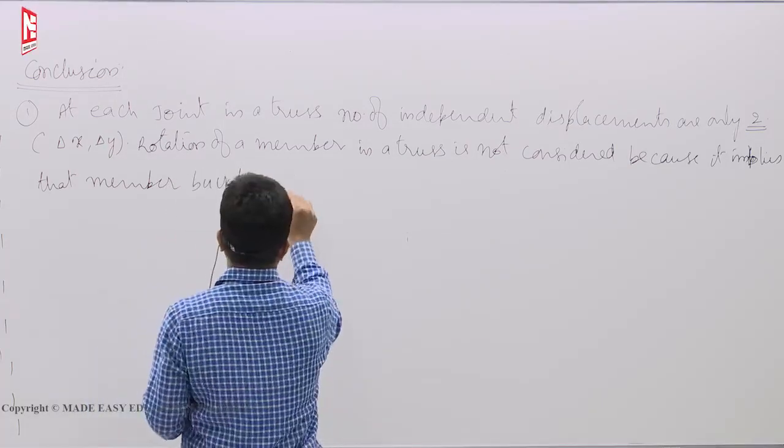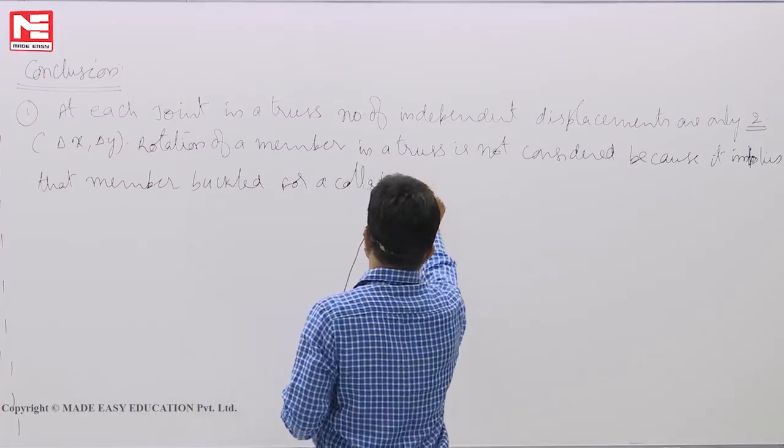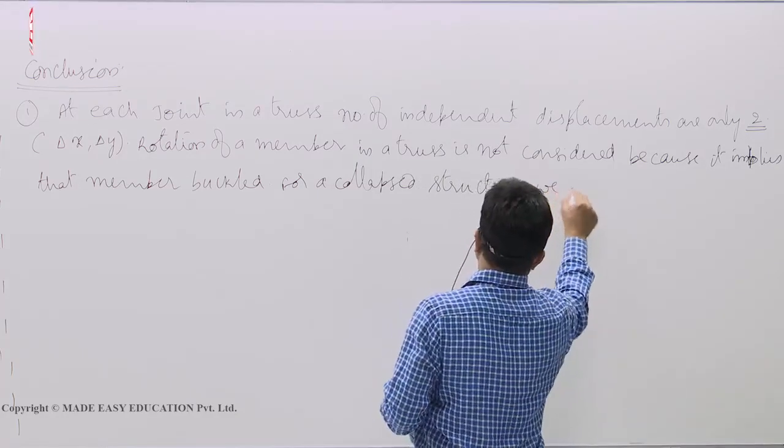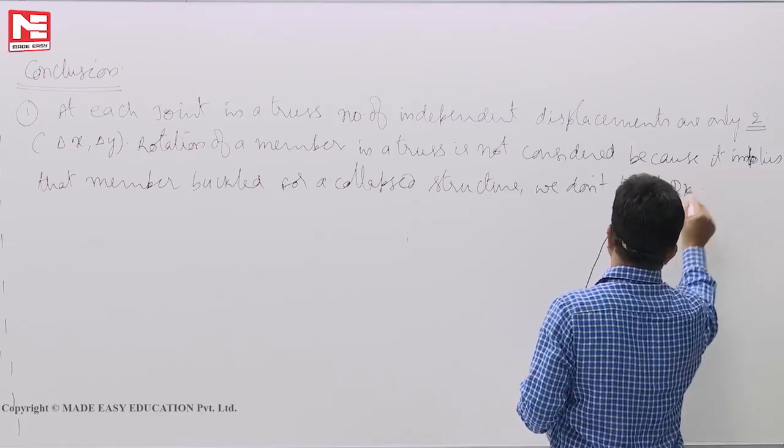So, for a collapsed structure, we don't find deflection.